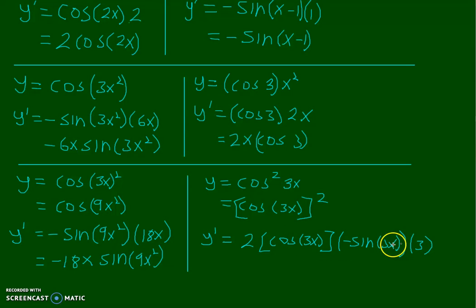So this is a doubly nested chain rule. So here we have 3 times 2 times negative 1, which gives us negative 6 times cosine 3x sine 3x.